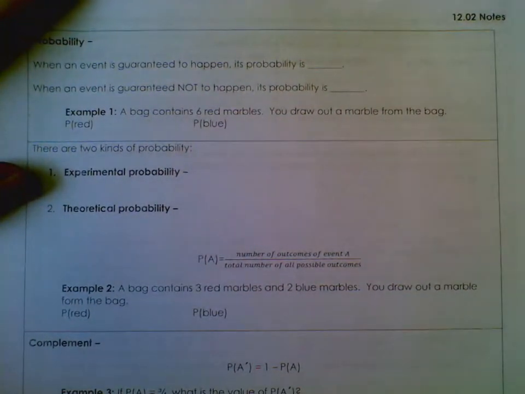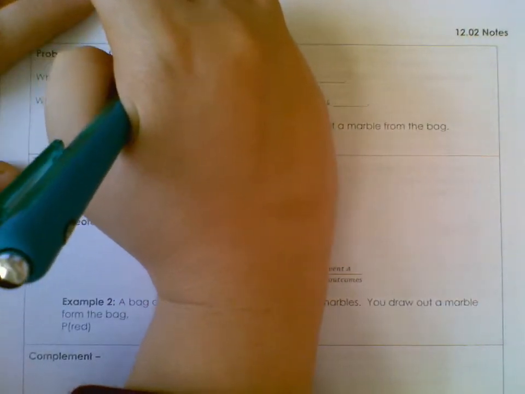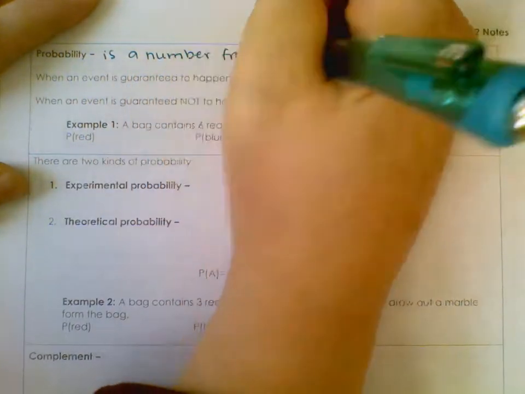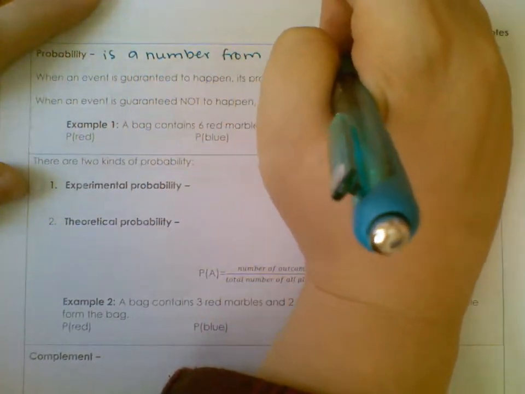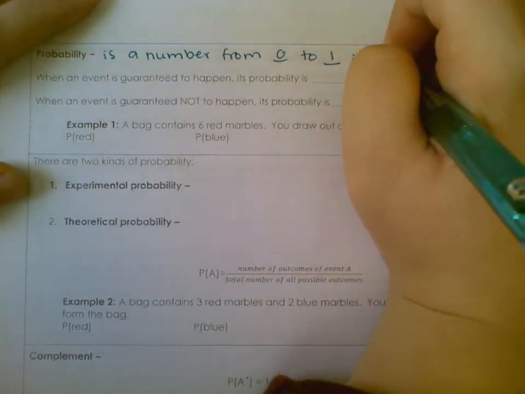Probability. That's what this whole unit is about. What does that actually mean? So remember, probability is a number from 0 to 1, indicating the likelihood of an event.